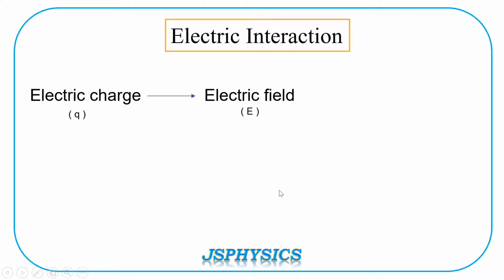Now, once the field is created, if any other charge comes within that electric field, then it will experience a force and that we'll call electric force. That means electric charge creates a field and the field exerts a force on another charge if it is within the electric field. So this is how the electric interaction takes place.